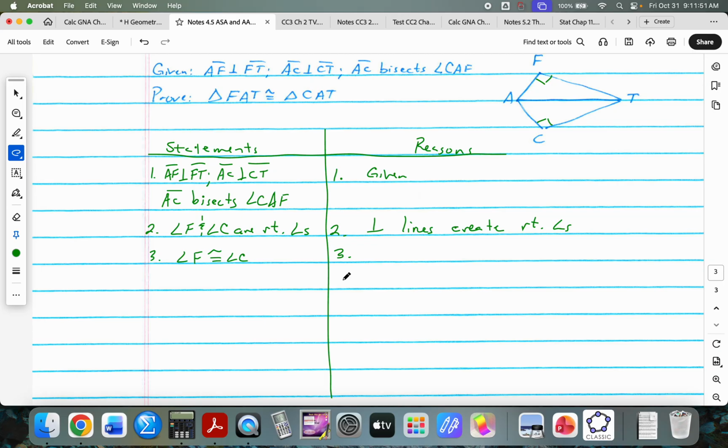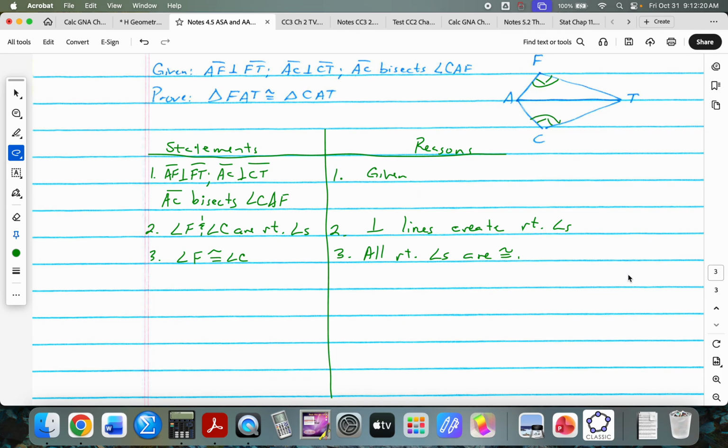To shortcut having to go through all that, what we'll do is just say that all right angles are congruent. I mean, you're right. They're both going to be equal to 90, and so they have the same measure, and so they're congruent. But that's like three steps. So we can do this in one instead.